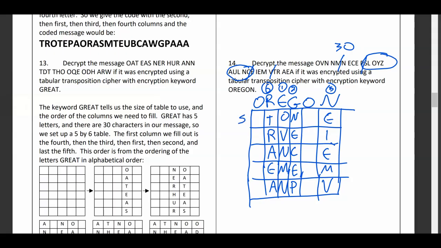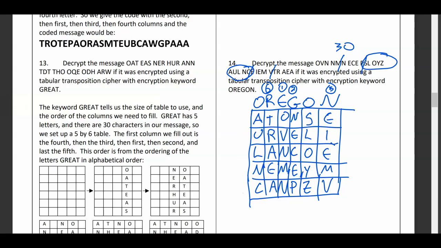If this were S, L, O, Y, Z, Y, E, M, E, E, Y, E, M, E, I, maybe, I, O, A, right there, I, O, A, N, that does not seem right. Too many vowels in a row. So I would guess it's the other one, A, U, L, N, C. This is only a 50-50 chance. It's pretty safe to try one and take a look at it, and if it doesn't work, swap it.